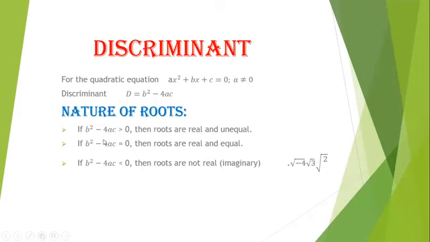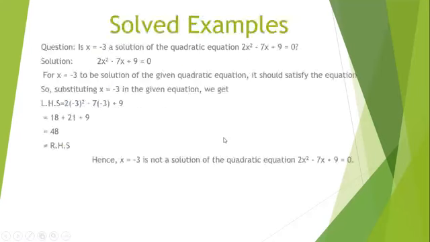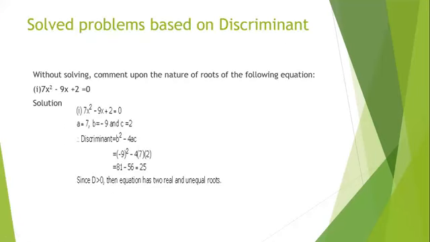It is 25. So if b square minus 4ac is greater than 0, then roots are real and unequal. This is how we can comment on the nature of the roots. As 25 means discriminant is greater than 0, the equation has two real and unequal roots.